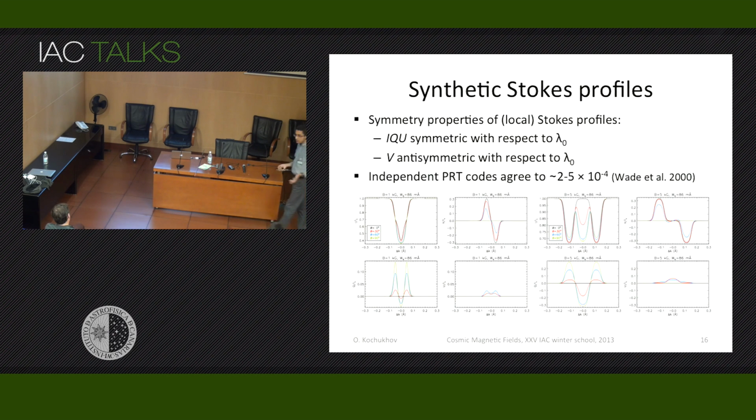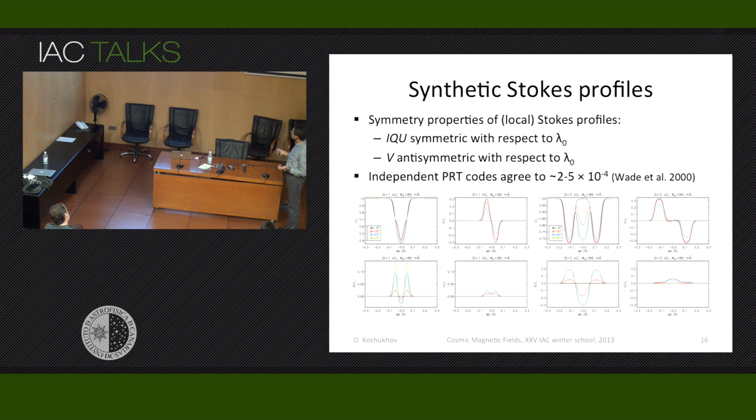Now, as a result of this numerical exercise, we get Stokes parameters. This is an example of typical Stokes parameters: I, V, Q, and U. The profiles are shown here, with different colors corresponding to different orientations of the magnetic field vector.